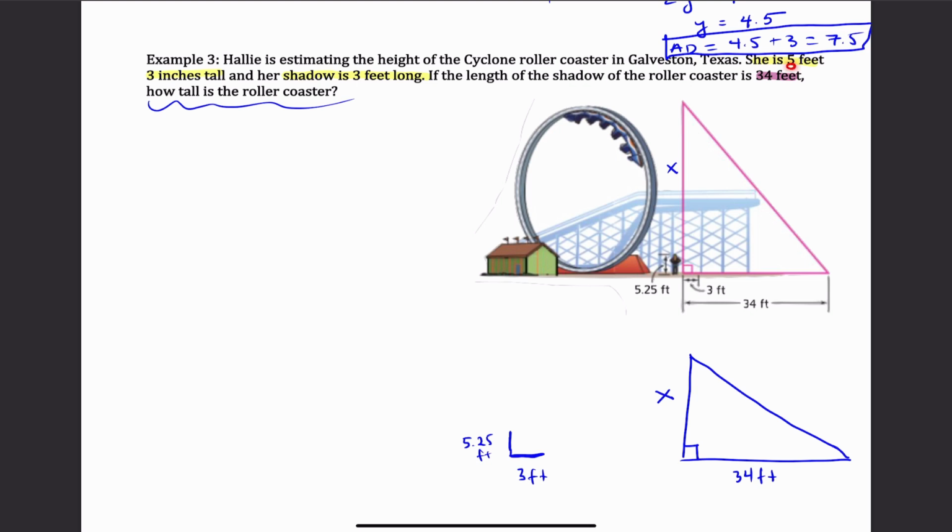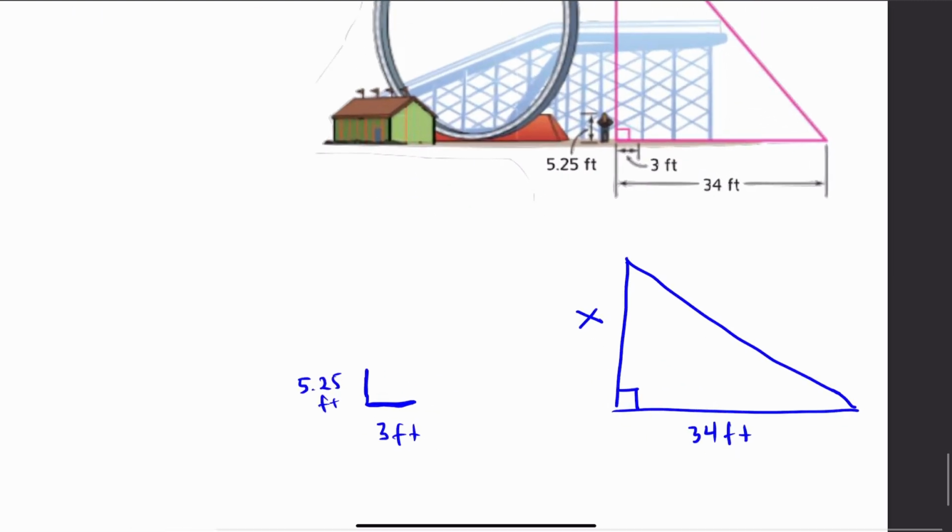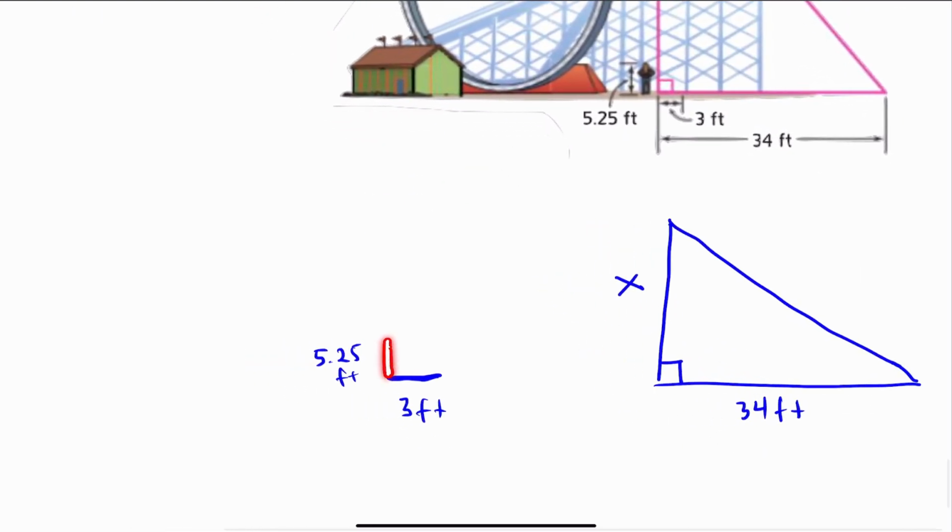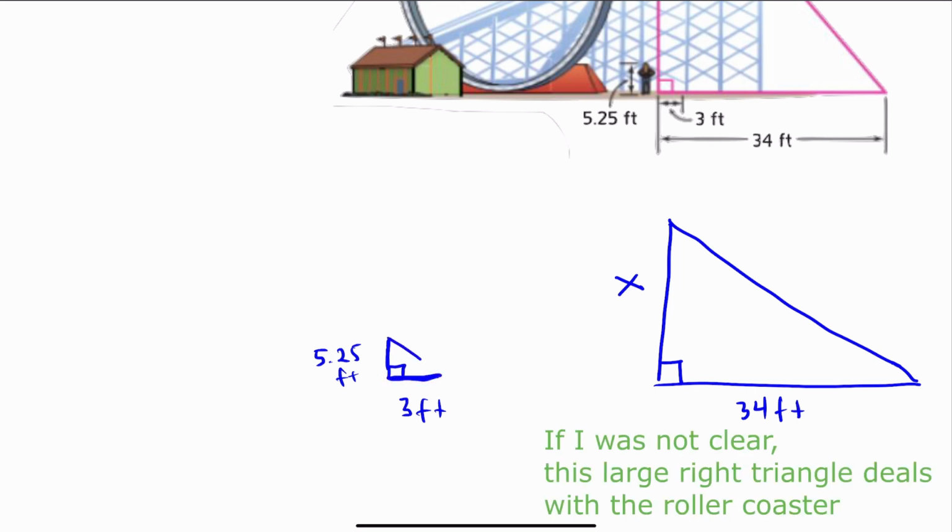Notice that the 5 feet 3 inches tall got converted into 5.25 feet because we want to convert inches to feet, which they already did for us. So again, like I said before, if she's standing up tall and the shadow is perpendicular to her, they intersect at a 90-degree angle, and then I can go ahead and close the figure.